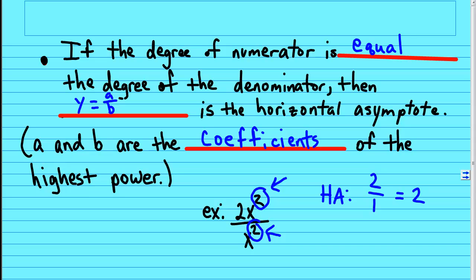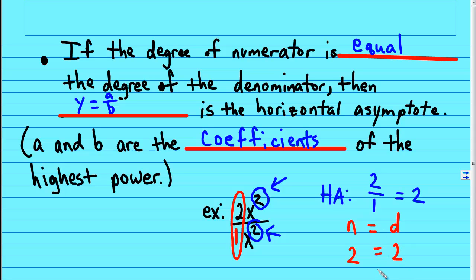If the degree of the numerator is equal to the degree of the denominator, then y equals a over b is the horizontal asymptote. A and b are the coefficients of the highest power. In this case, my numerator degree is 2, my denominator degree is 2.